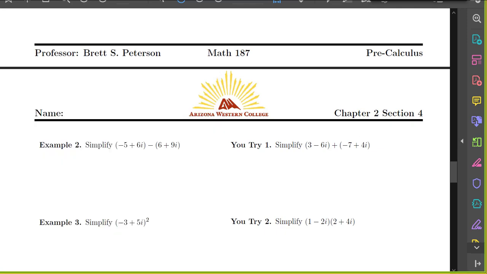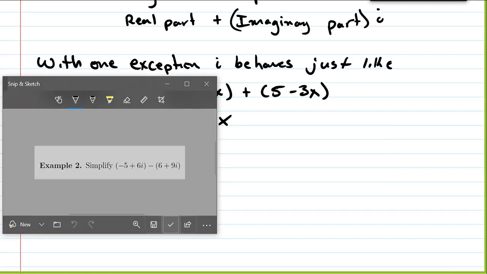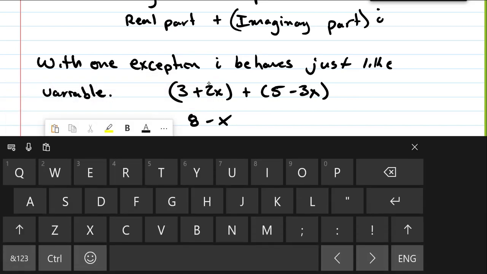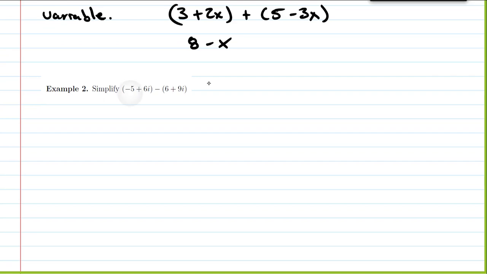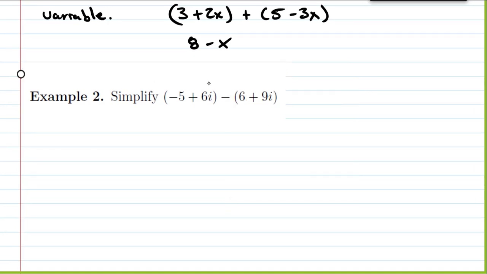So if we take a look here at example 2, if I needed to simplify this, I would collect my real parts and my imaginary parts. But before I can do that, since I have subtraction outside my parentheses, I would need to distribute into my parentheses.